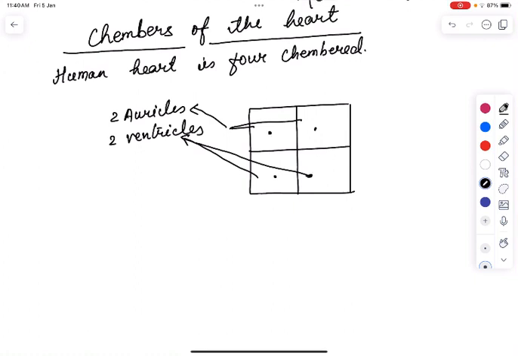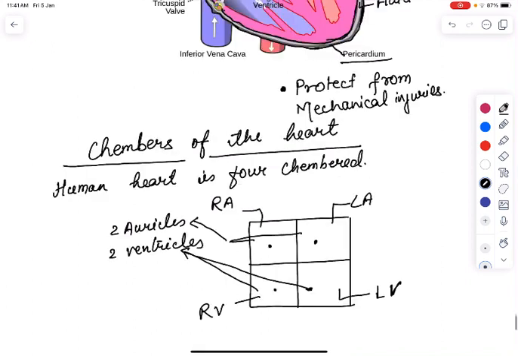And the upper part will be auricles, and this side will be right auricle, left auricle, right ventricle and left ventricle.